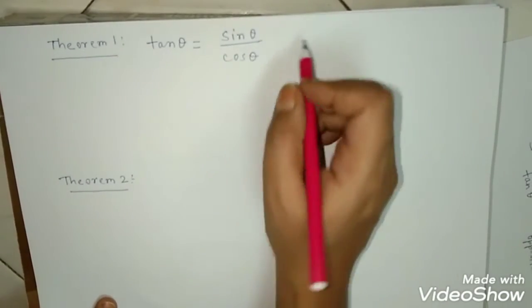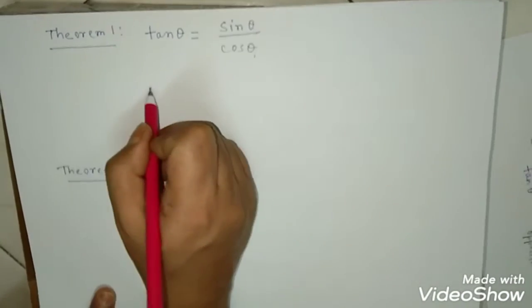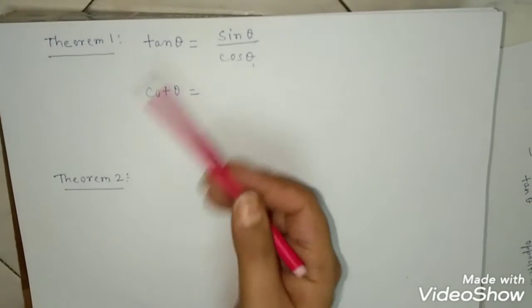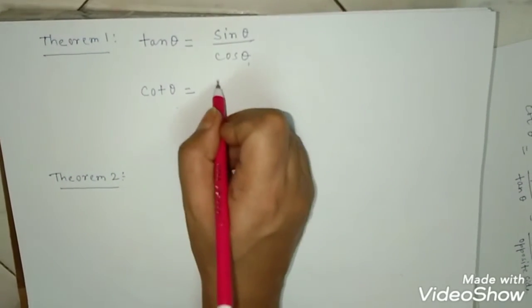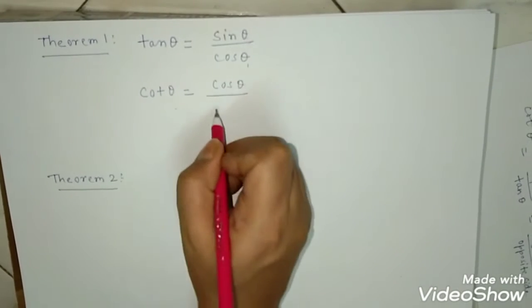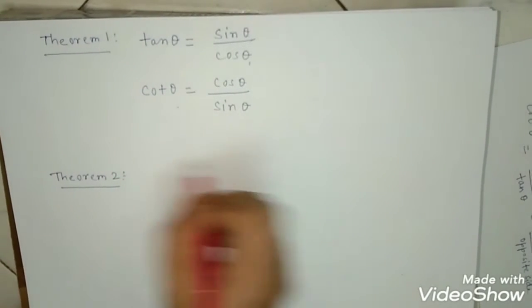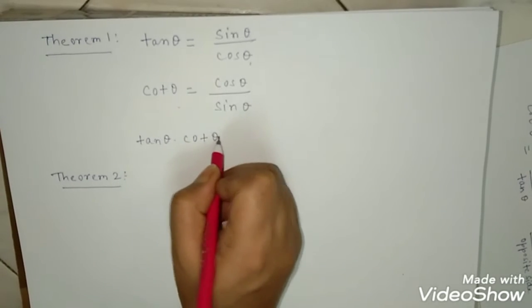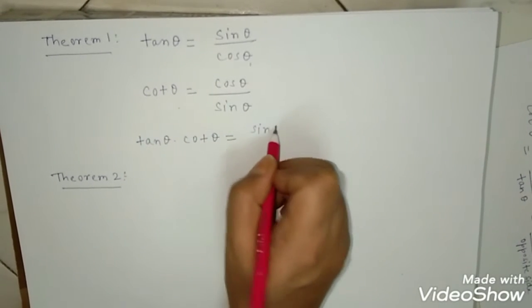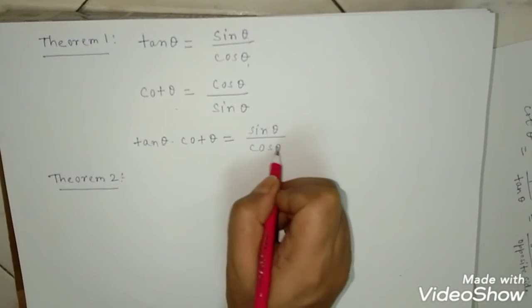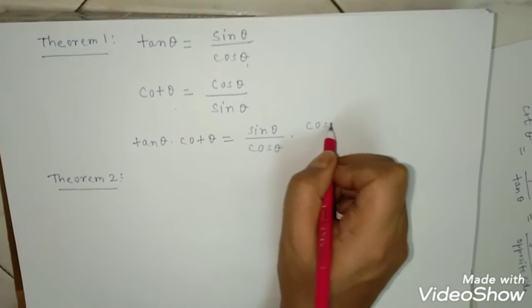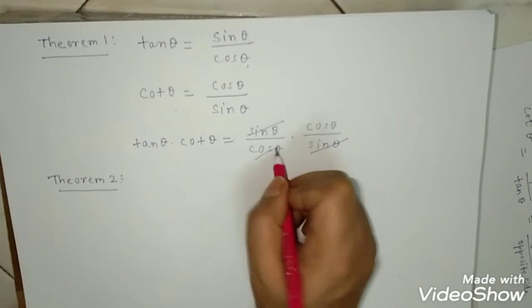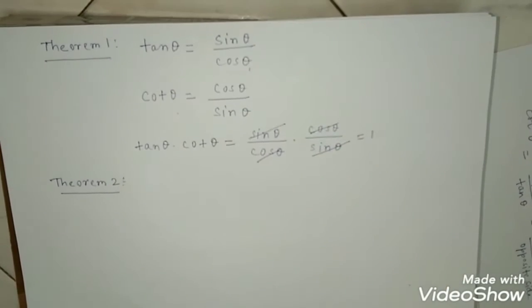It can also be written as sin theta by cos theta. Cot theta is the reciprocal of tan theta, so it will be cos theta by sin theta. And if we multiply tan theta into cot theta, things cancel and it is equal to 1.